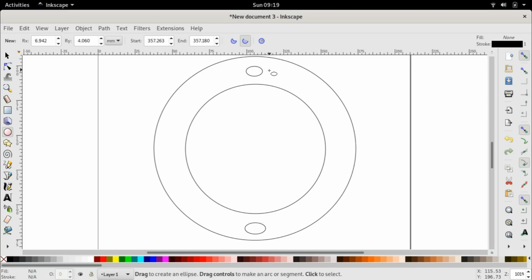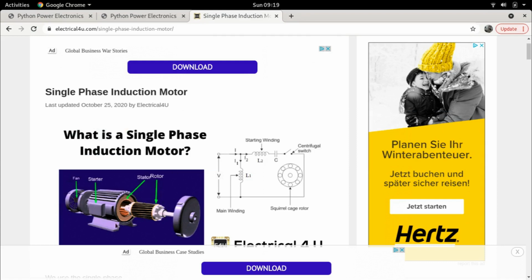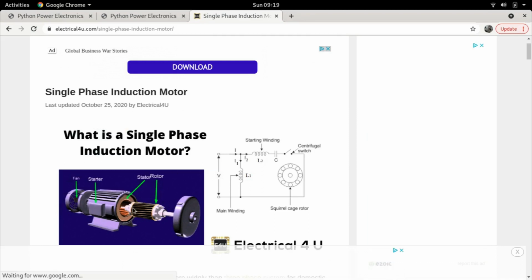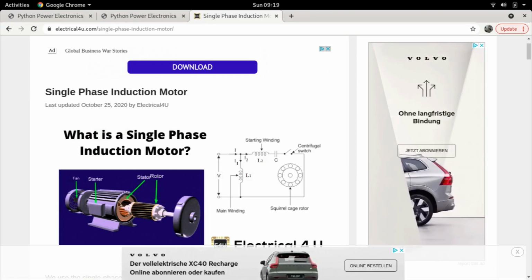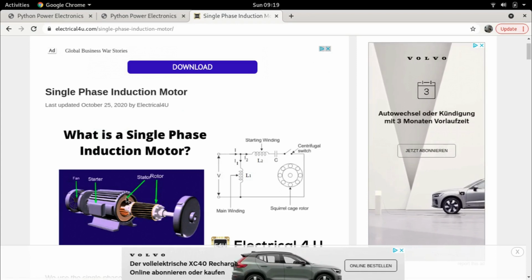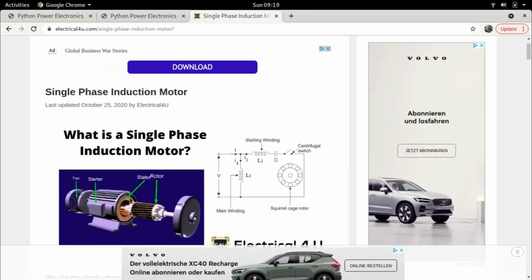So for our reference, we have chosen that the slots, though they are concentric, we are assuming that the winding in any stator or any machine for that matter is usually distributed all around the circumference, right? But we are assuming that all the windings are in two slots which are diametrically opposite each other.